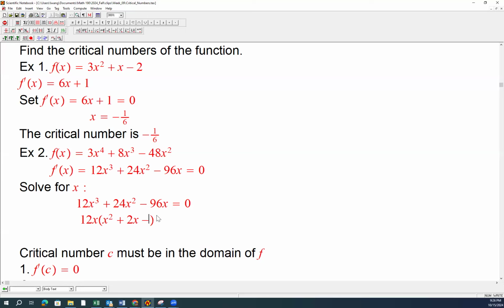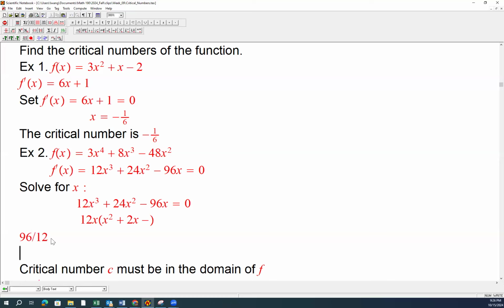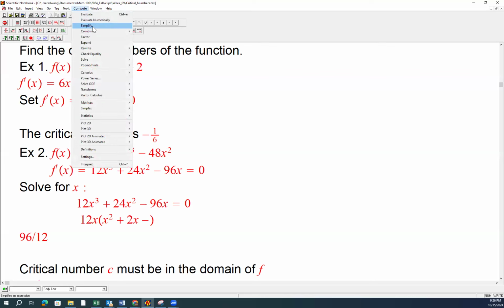What does 96 divided by 12 equal? It equals 8.